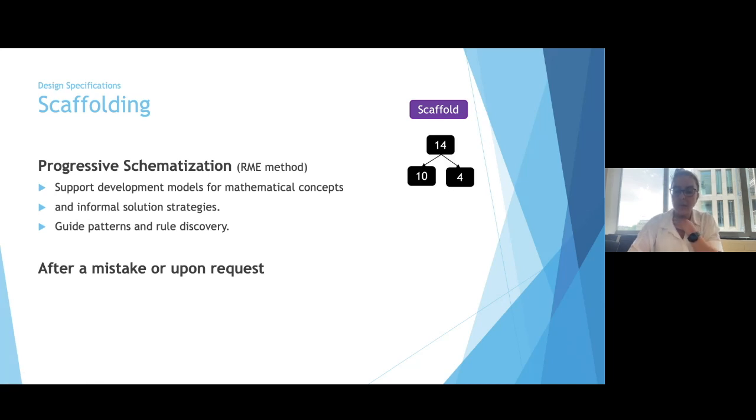Based on the rationale we just presented, we hypothesized that the scaffolding, but also the relationship building, could increase the children's math performance.